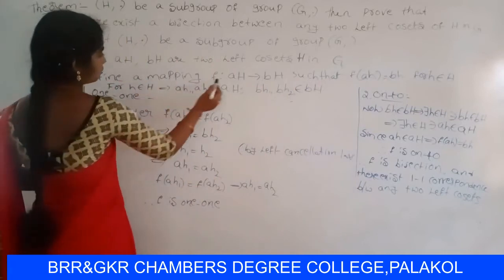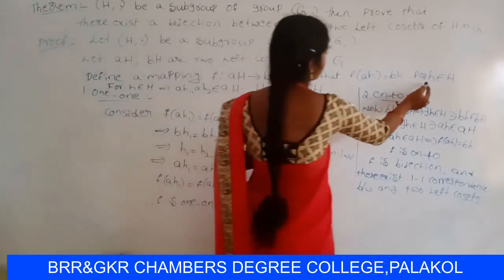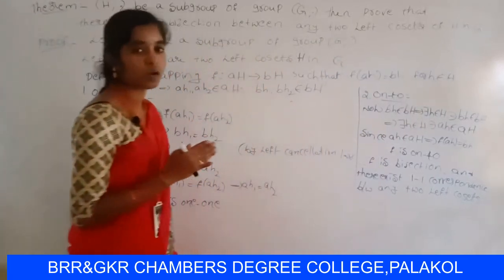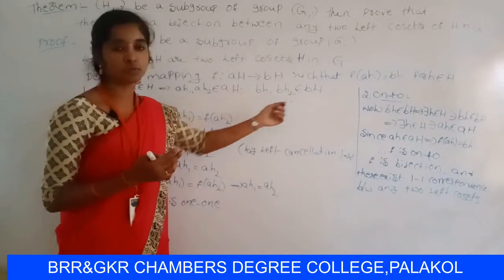So already you know that h belongs to H, that means ah1, ah2 belong to aH, and bh1, bh2 belong to bH.